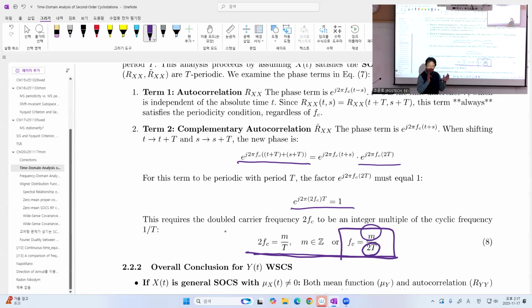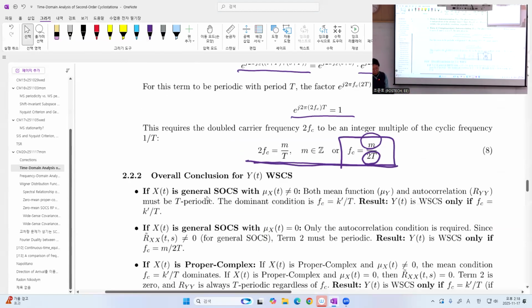Otherwise, even though your complex baseband signal is second order cyclostationary, your real valued bandpass signal may not be wide-sense cyclostationary. Right? And this may confuse you a lot, and I will come back to this topic when I discuss cyclostationarity and this up-down conversion in the frequency domain.